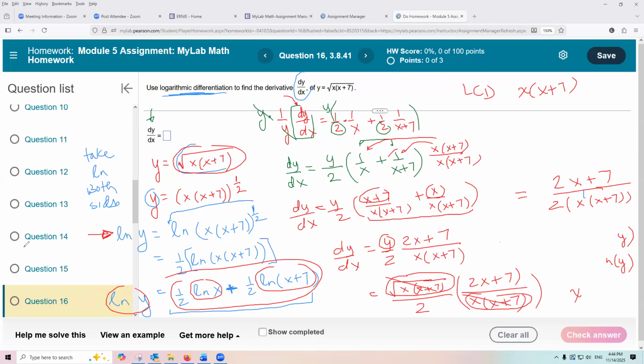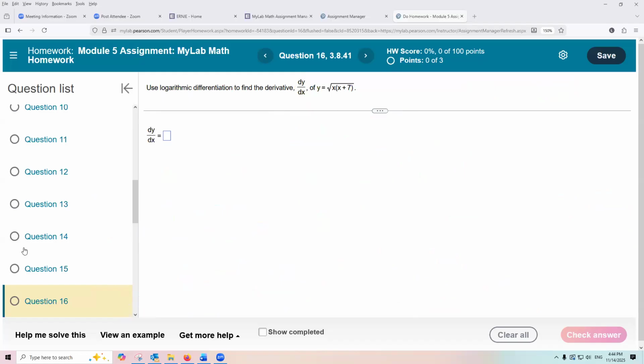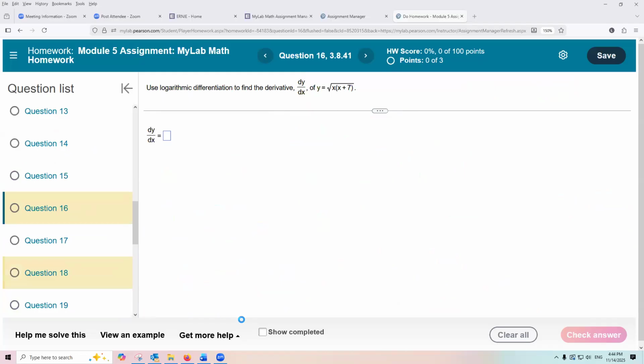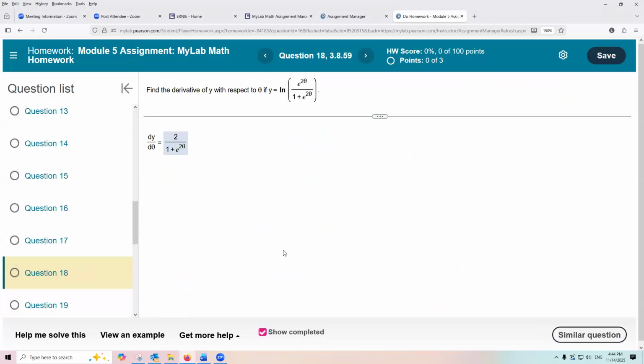How about if we look at another example? How about we come here to number 18? All right, so this one is saying y equals ln of this fraction, and they're asking us to find the derivative.